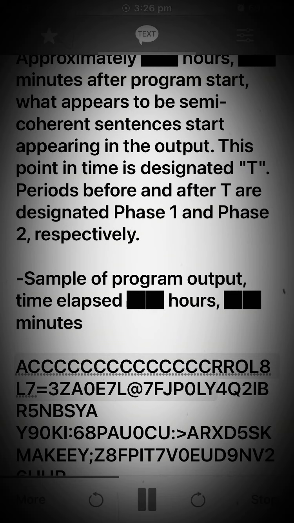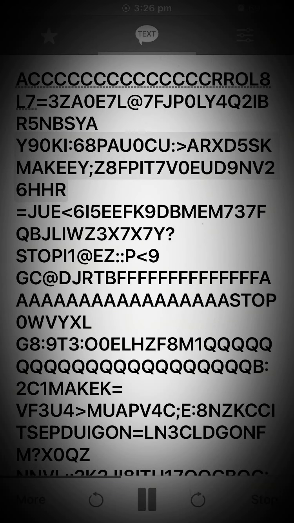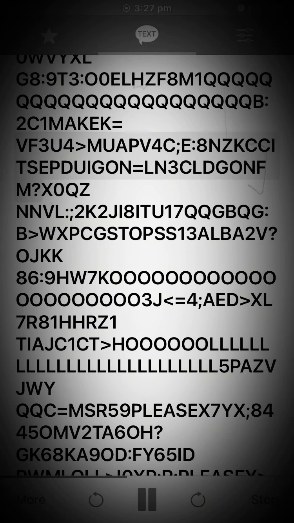Acrol 8L7 equals 3 ZAR 0 E7L at 7 FJP0 Li 4 Q2 IBR5 MBSA. Y90 Key 68 Po 0 Ku. Arxt 5 Skmaki. Z8 FBIT 7 V0 UD9 NV26 HHR. Equals Ju. 6 I5 EFK 9 DBMEM 737 FKBJL was 3 times 7x7y. Stopy 1 at S. P. 9. GC at JRTBFA stop 0 Vixel. G8. 9T300 Elvs Fate M1 QQB2C1 Macaque equals. VF3U4. MUAP 4C.